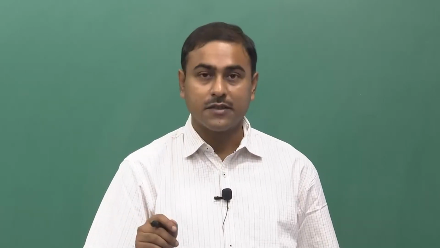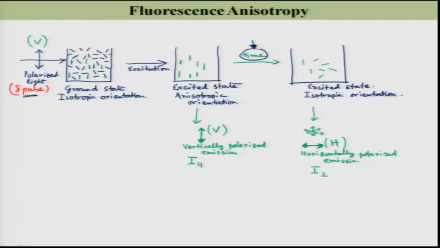However, this time I am talking about is actually the reorientation time. If this time is much shorter than the lifetime, let us say lifetime is 2 nanosecond and the reorientation time is 0.1 nanosecond, 100 picosecond, then immediately after you excite, within the 100 picosecond time scale, this is a time constant, remember, the reorientation happens in another 400 picosecond or so.